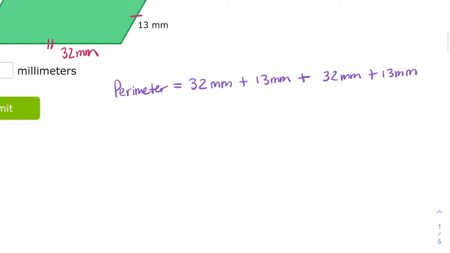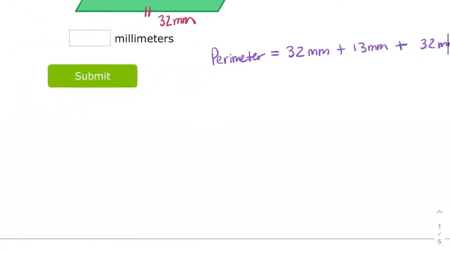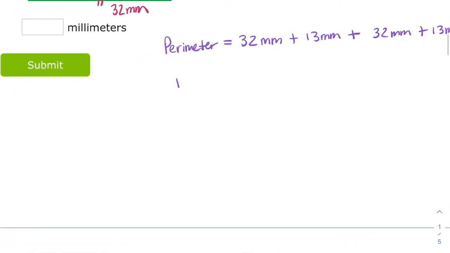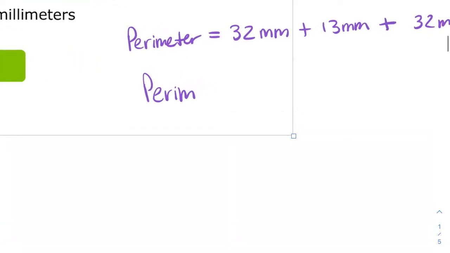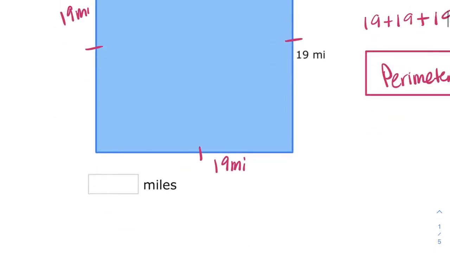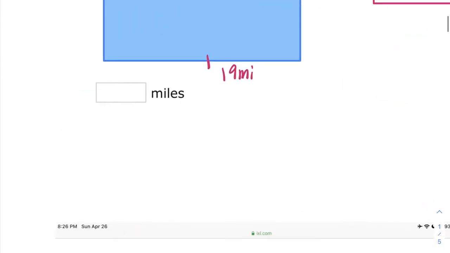I think it's 90. Wait, where's my calculator? Let me just check real quick. 32 plus 32 plus 13 plus 13 is 90. Yes. So perimeter equals 90 millimeters. And this one was 76 miles.